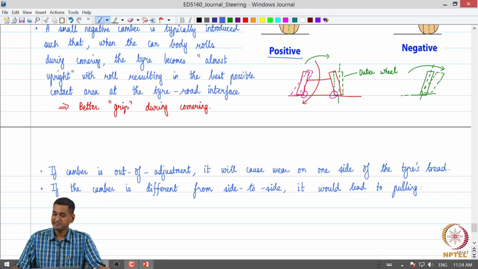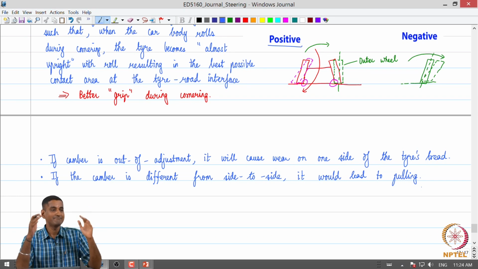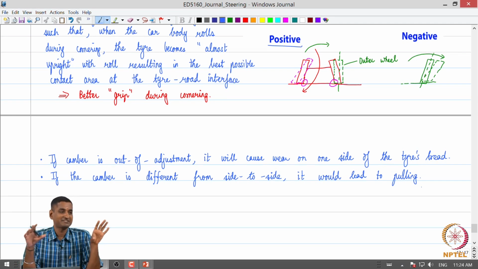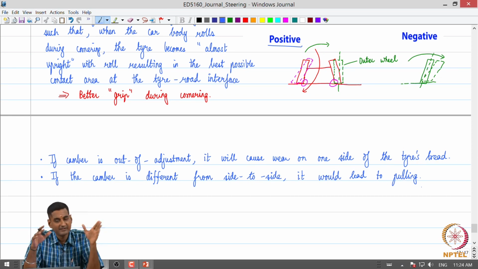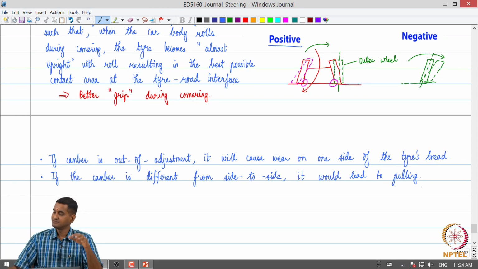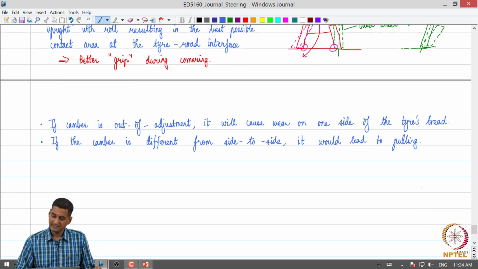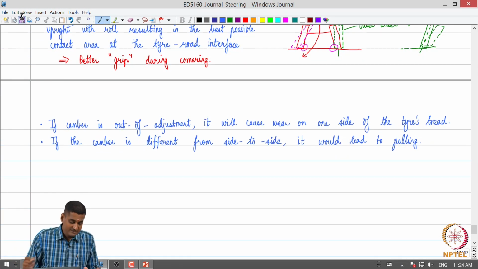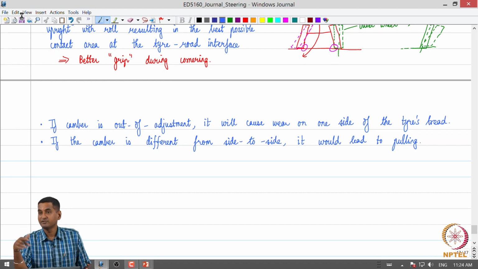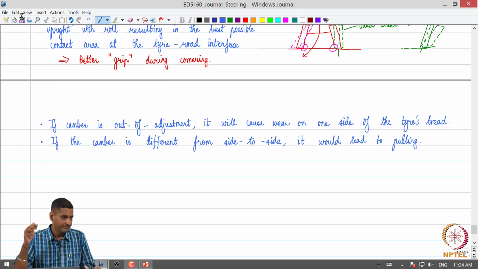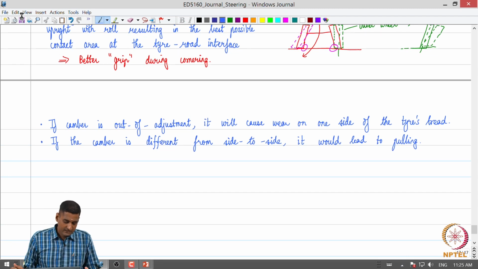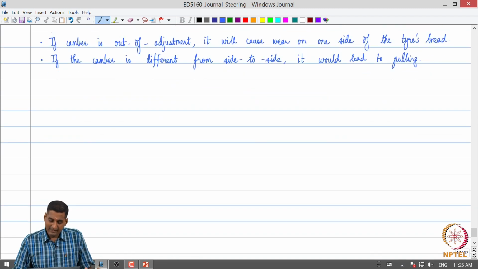What do we mean by different from side to side? If you take the same axle and look at the right and the left wheels, if the camber is different, that is going to create this pulling. When you learn vehicle dynamics, you will see that camber results in what is called camber thrust, which also helps in taking a turn. So, this is wheel camber.